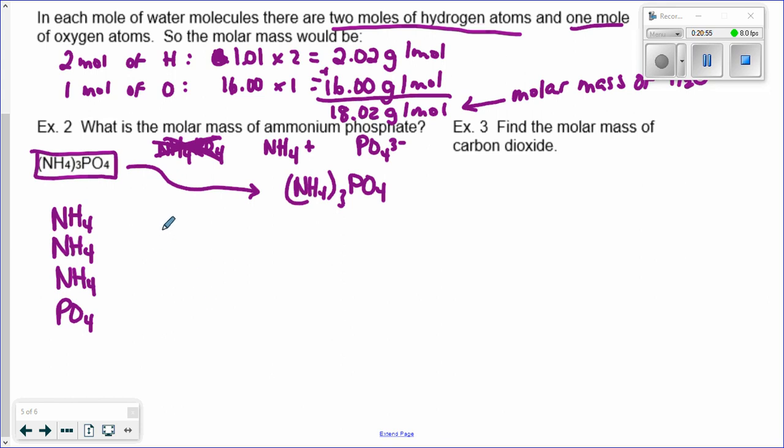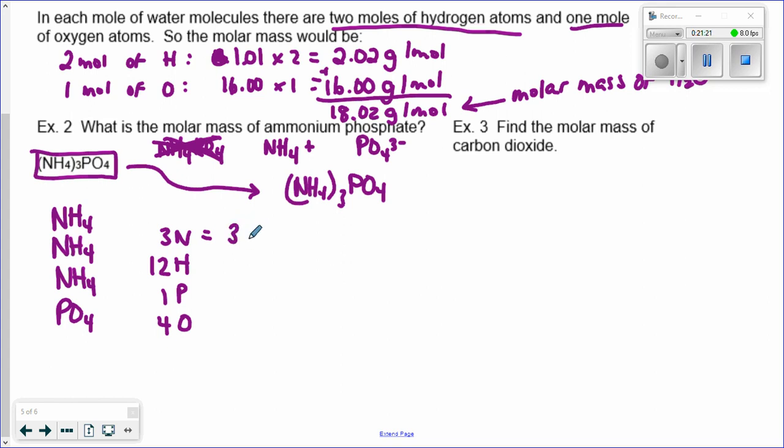So in total, we have 3 nitrogens. We have 4, 8, 12 hydrogens. We have 1 phosphorus. And we have 4 oxygens. So that's all of the elements that are in this compound. So 3 nitrogens.